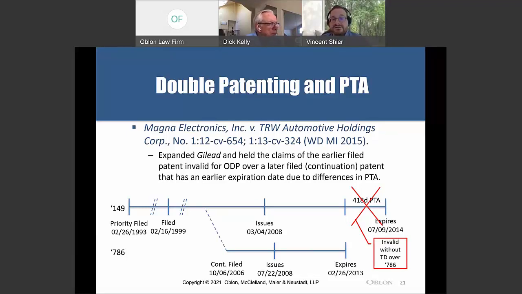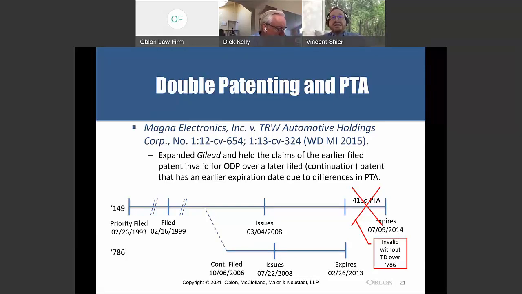So the earlier filed patent would be invalid for obvious double patenting over the later filed patent due to a difference in their expiration dates. And so as a result, the 149 patent would be invalid without a terminal disclaimer over the 786 patent. And that was a loss of their patent term adjustment.